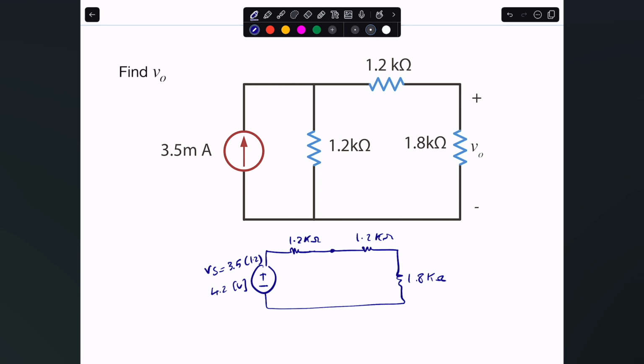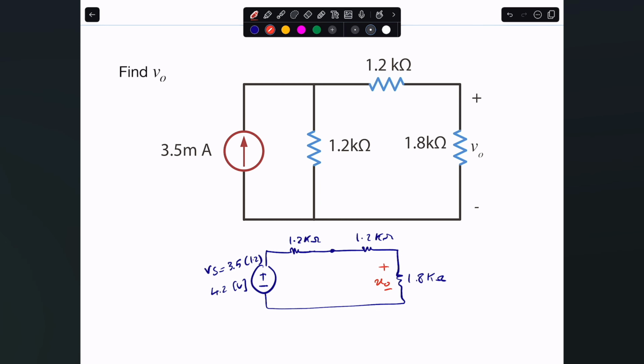So you can convert. Sometimes it's the opposite. For example, you can combine these and convert them to a current source. But anyway, what we're being asked to compute is the value of V0 here. And of course, you have probably seen it by now. These resistors are in series, and I have a voltage source across them, and I'm interested in one of the voltages. All I have to do is use voltage division.